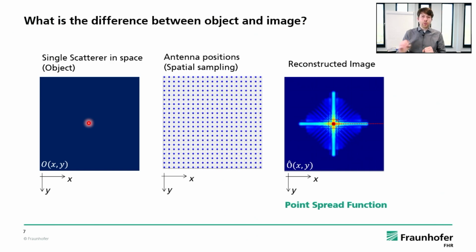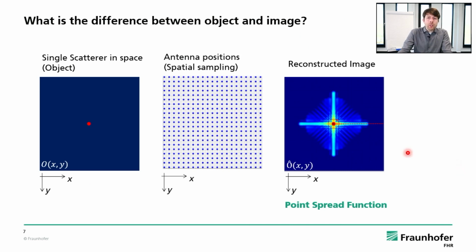But due to the limitations of the sampling, we are not sampling everywhere. It's not an infinite plane. And we are sampling at a certain grid. You will get a certain signal also in other parts of the image. The point which we are focusing on, so the point scatterer, is spread over the image. And this is the so-called point spread function.